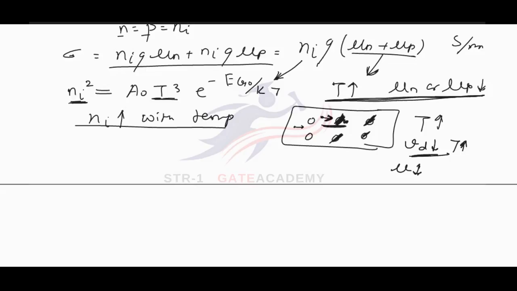Here the conductivity depends on Ni and mu n both. Mu n, mu p decreases with temperature while Ni increases with temperature, but practically it has been proved that the decrement in conductivity due to decrement in mu n and mu p is very less as compared to increment in conductivity due to increment in Ni.